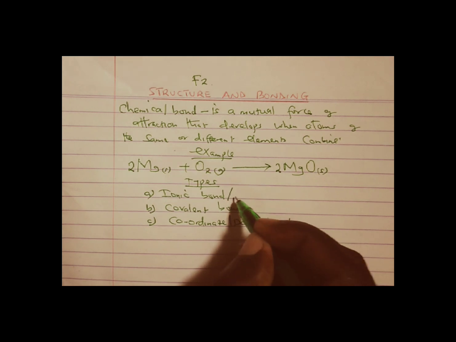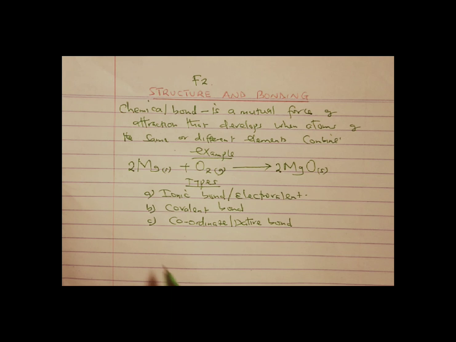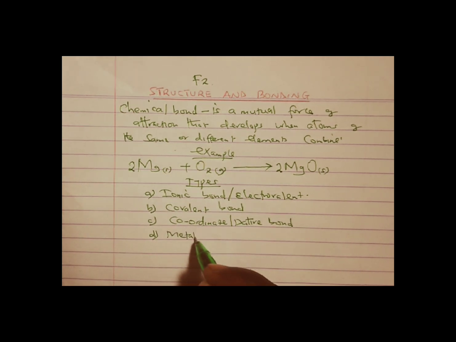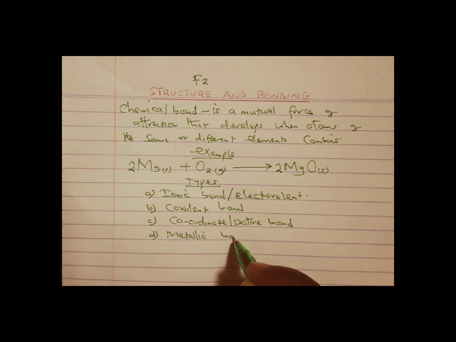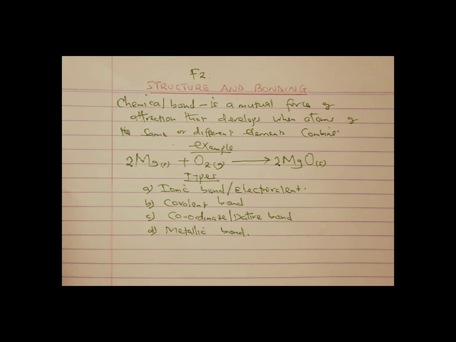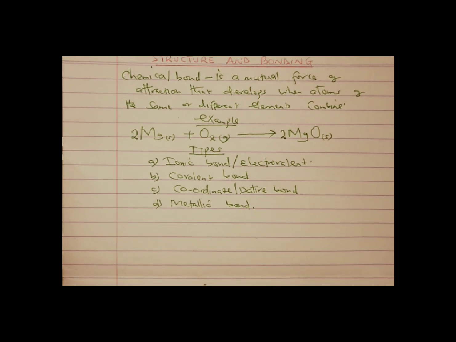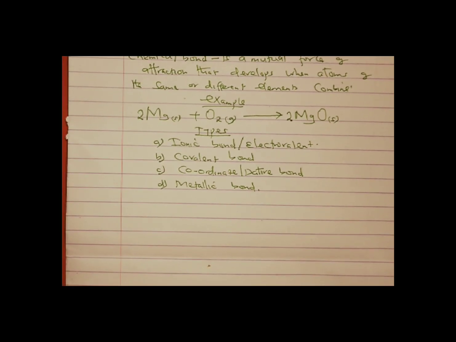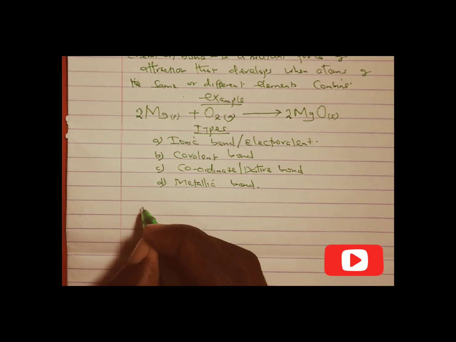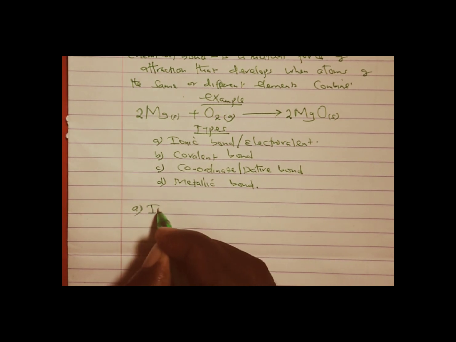An ionic bond is also known as electrovalent bond. Then lastly, we have a metallic bond. Those are the 4 types of chemical bonds that we have, among other bonds like the hydrogen bonding and so forth. So let us begin with the first one, which is an ionic bond.